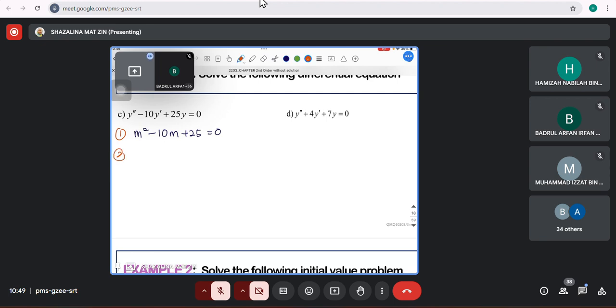Step number 2. Calculate b square minus 4ac. First, identify a equals 1, b equals negative 10, c equals 25.